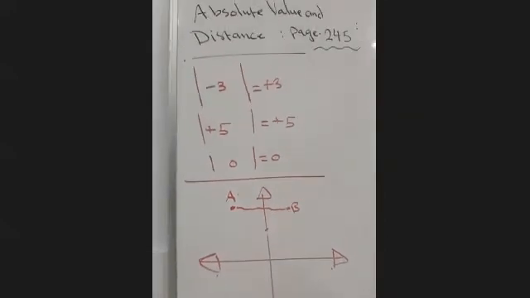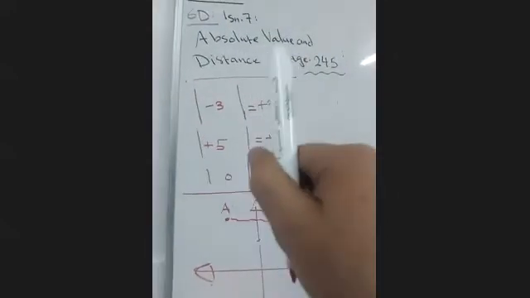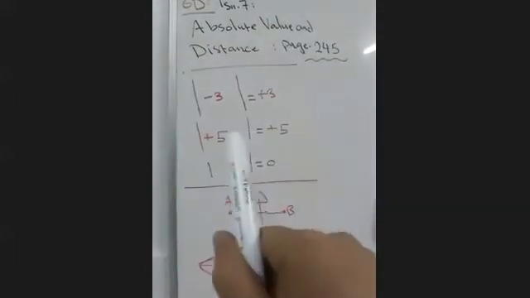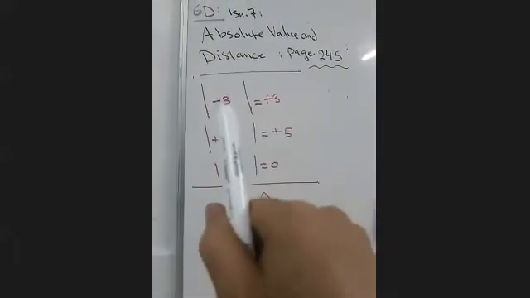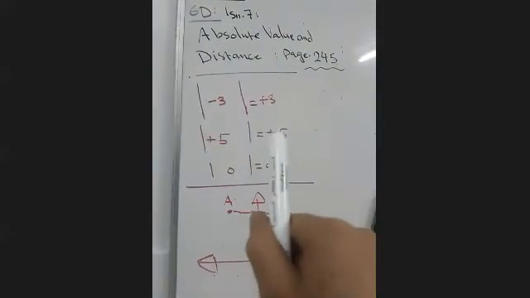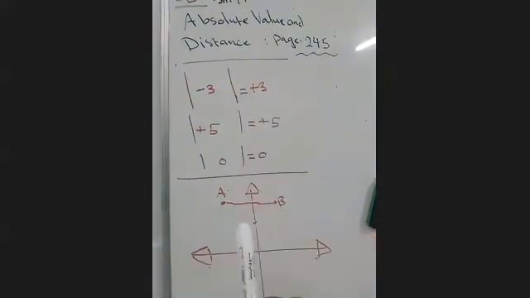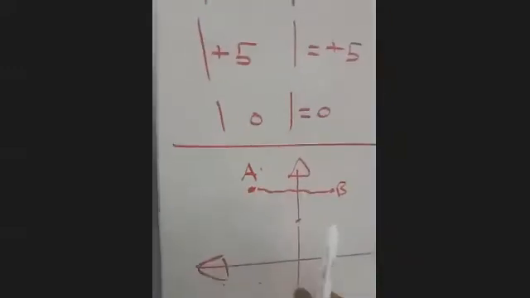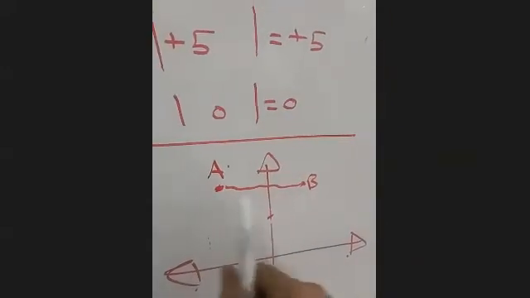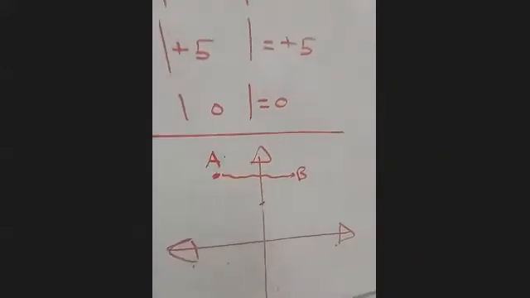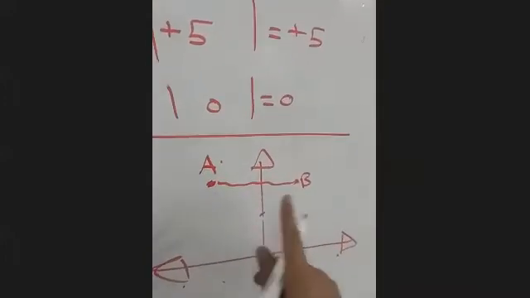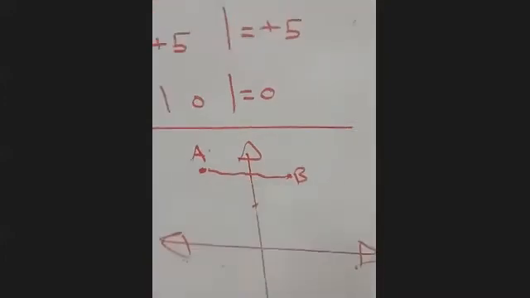Okay. So again, absolute value, we took it before. Absolute value of negative is positive, of positive still positive, of 0 is 0. And for the distance, today we will use the absolute value to find the distance between any 2 points, but on the same line, either horizontal or vertical.